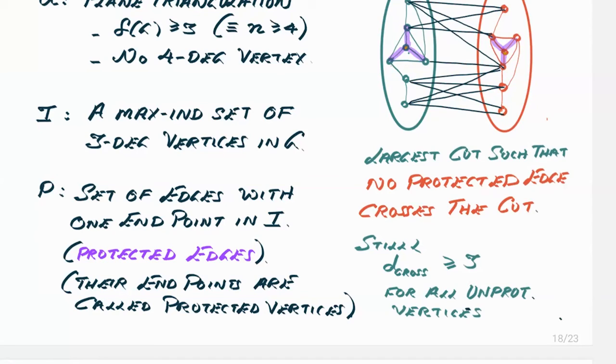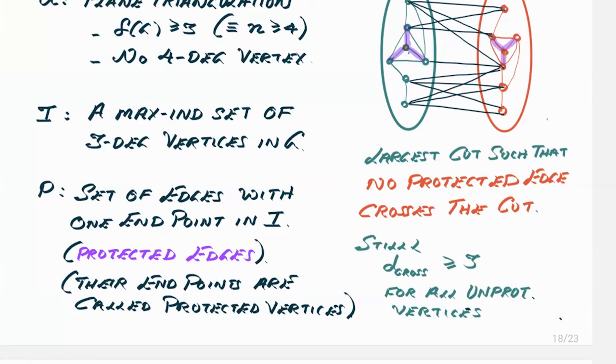Okay. So now, what is the guarantee? For the endpoints of protected edges, we do not have that original guarantee that at least 3 neighbors will be on the other side. But for all the unprotected vertices, which do not end up as endpoints of protected edges, the earlier argument works. At least half of their neighbors will be on the opposite side, because if not, we can switch the location of that vertex itself.